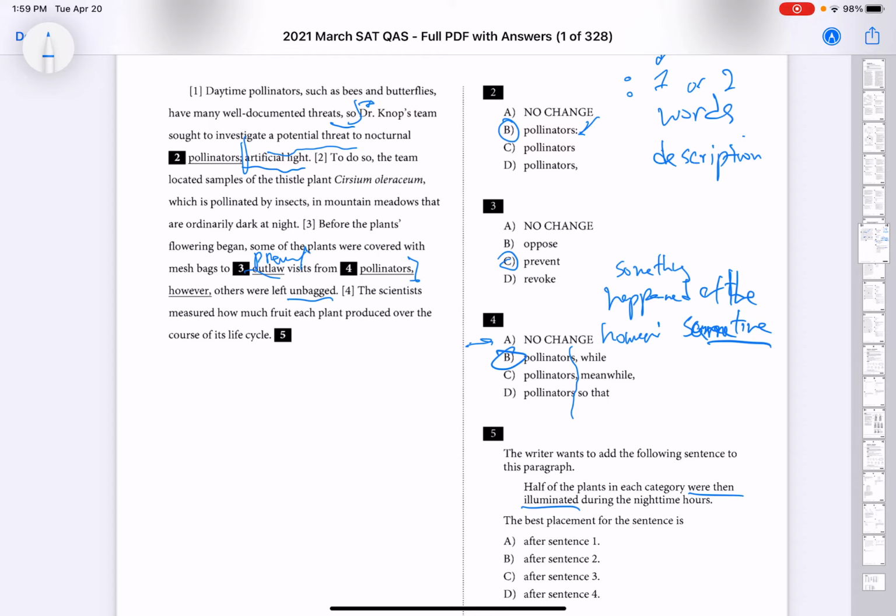Okay, so the answer choice here should be C because they're describing what they're doing to the plants. Before the plant's flowering began, some were covered and others were not covered. And then half the plants in each of those categories. What categories? Well, the categories of bagged versus unbagged, right? Were then illuminated during the nighttime hours. And then the scientists measured how much fruit each plant produced over the course of its life cycle.